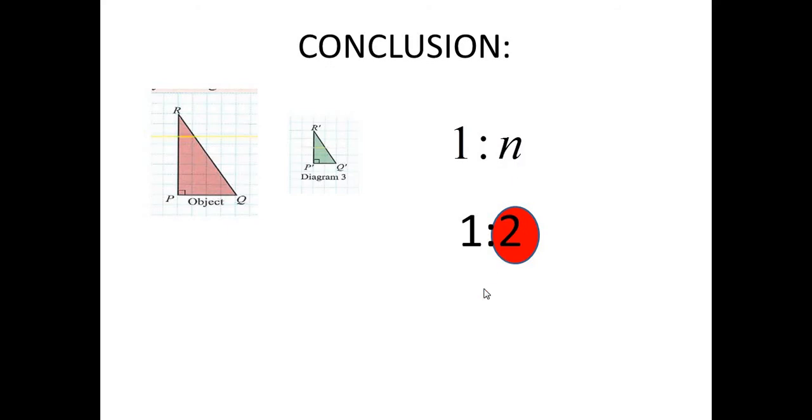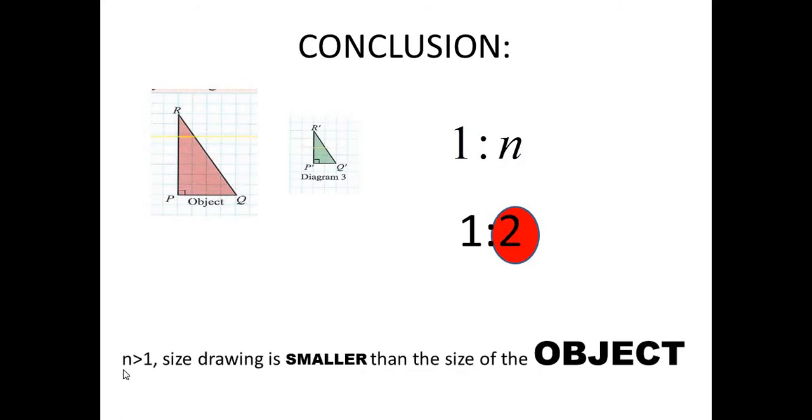Okay, now if n is greater than 1, so 2 is greater than 1, right? Meaning the size of the drawing is smaller than the size of the object. It proved here, right? So remember, if n is greater than 1, the size of the drawing is smaller than the size of the object.